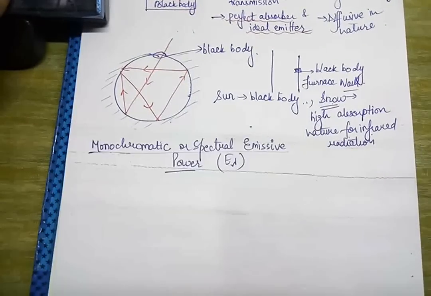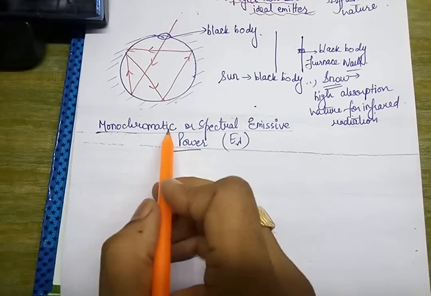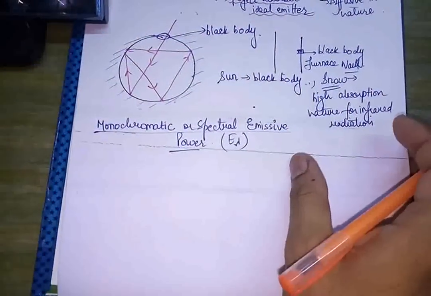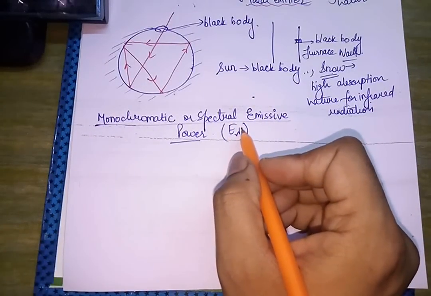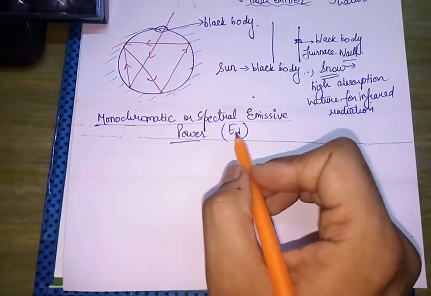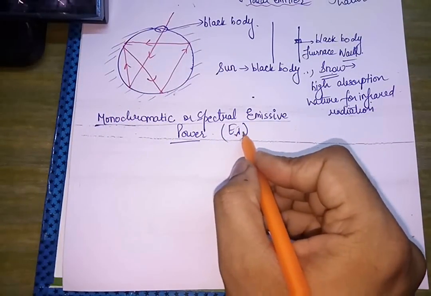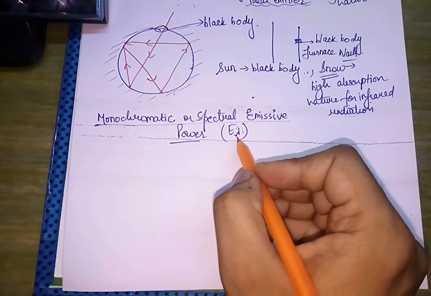Okay, now the next topic that we will be discussing is monochromatic or spectral emissive power. Now it is the same as the total hemispherical emissive power that we have studied earlier, but now we have the symbol E lambda. So definitely this energy would be radiated at some wavelength.